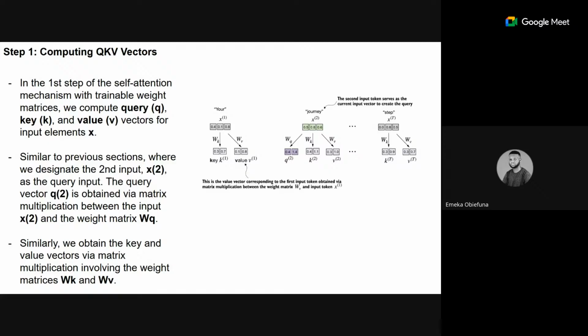You simply take the second input token and multiply it by your weight matrix, that's WQ. When you multiply this with this, it gives you this. Multiplying the same input with this gives you this, and multiplying this with this gives you this value here. We do the same thing if you are focusing on the third, fourth or fifth input token, so the process is still the same.